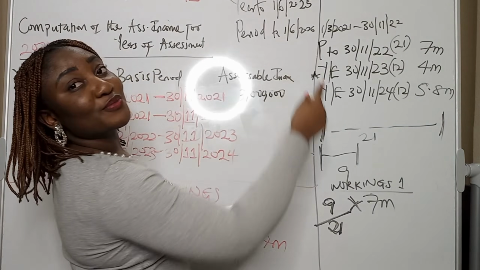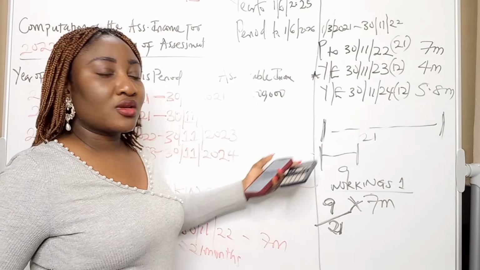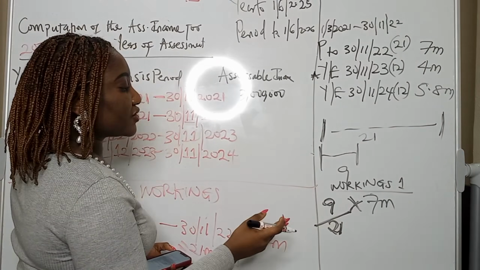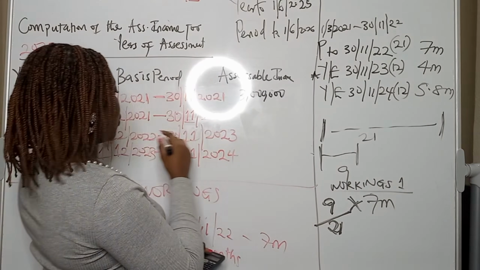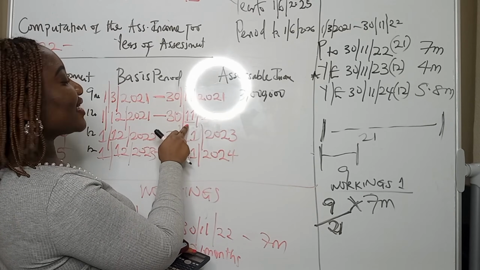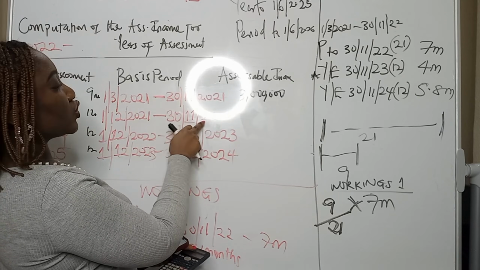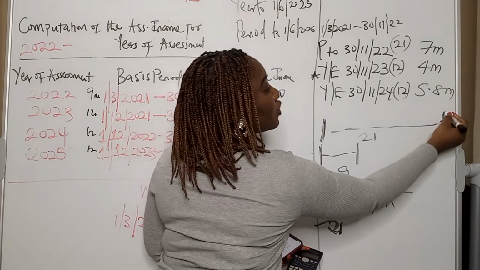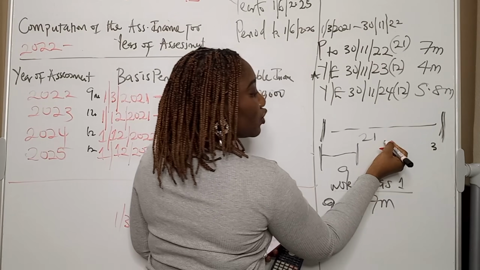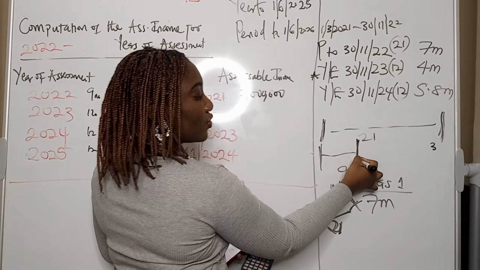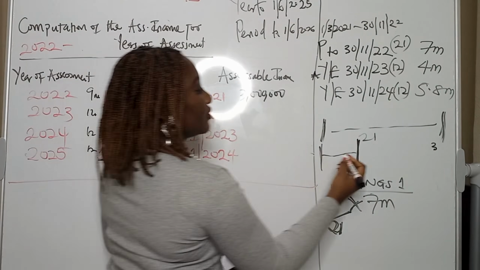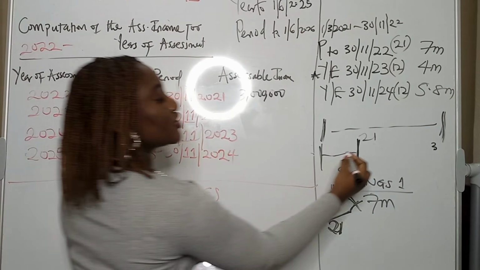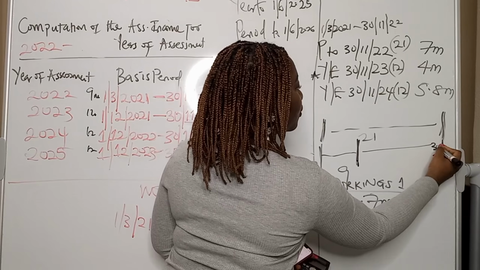It is still inside this period two, because this period two is 21 months. So I'm looking for 1st of December 2021 to 30th of November 2022. So luckily it ends on 30th of November 2022. But I'm looking for something inside of here. I'm looking for 12 months. So this remaining 12 months here is what I'm looking for.